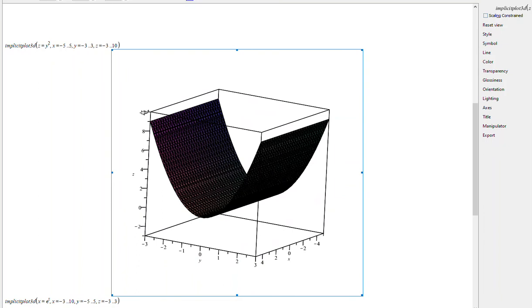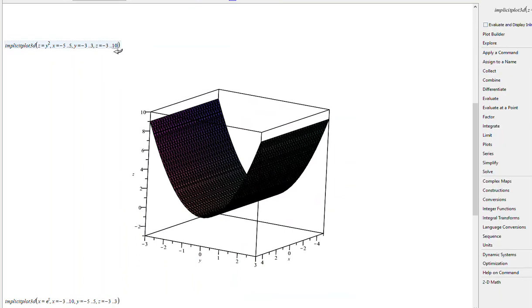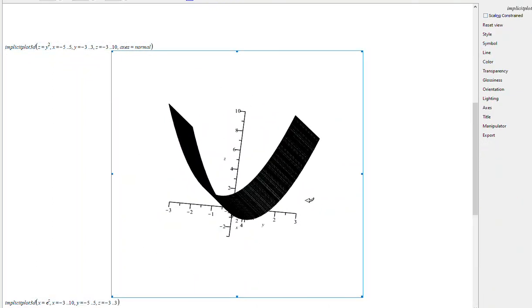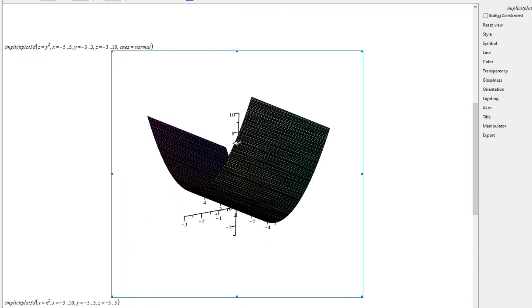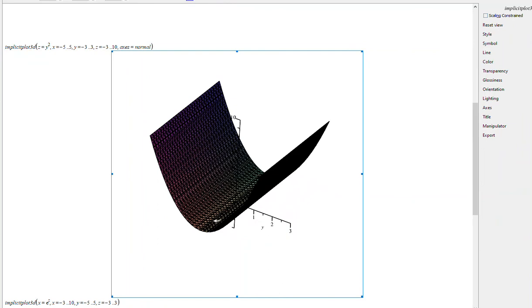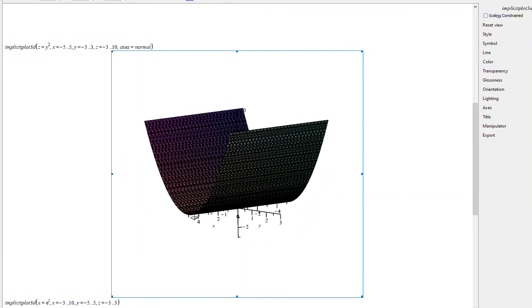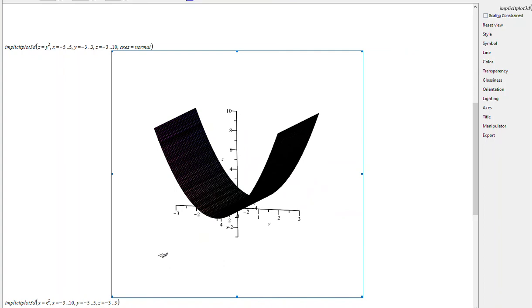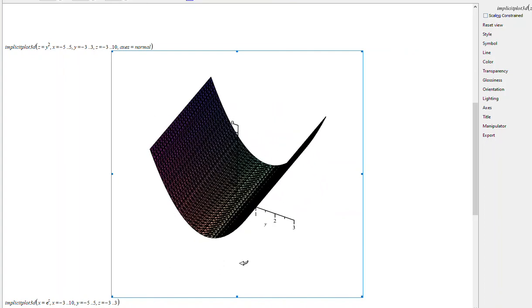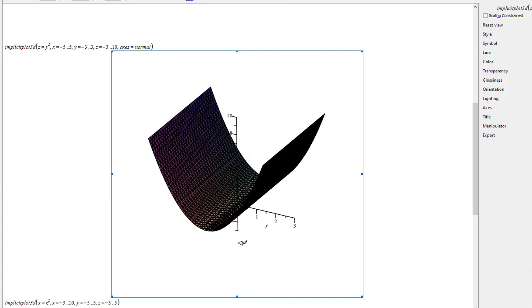Again, if I wanted to, I could put in axis equals normal, if you really wanted to see how that is right along the x-axis, right? The x-axis is right down here. It forms the bottom of my cylinder. And I won't take your time to do it now, but again, you could play around with style and num points and all that good stuff.